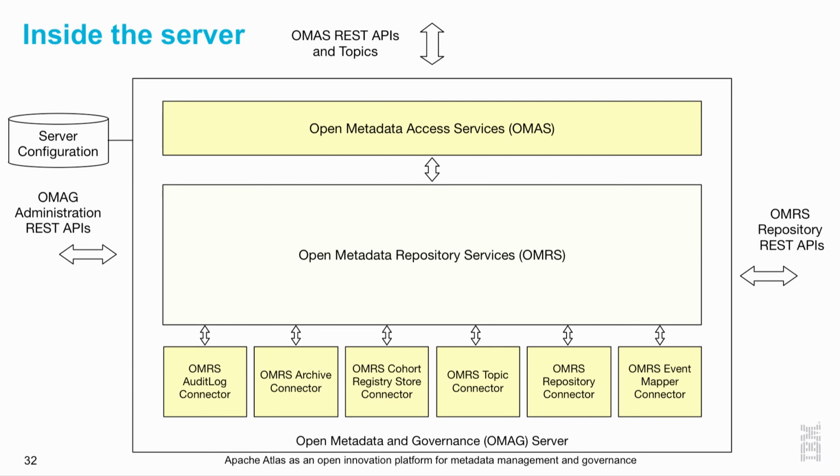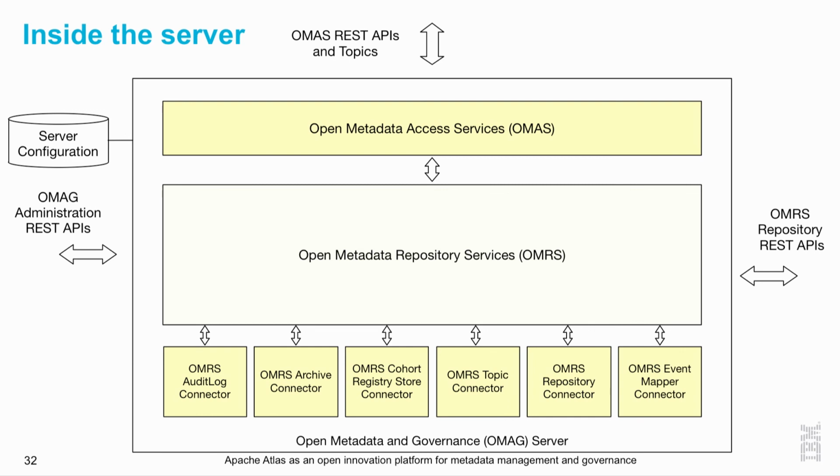So this OMRS never makes any calls to the infrastructure. It always accesses the infrastructure through connectors. From the audit log, I'll talk a little bit about what archives are, but they're effectively stores of metadata that have been exported or created. The cohort registry is used by a server to describe all the partners it's working with.